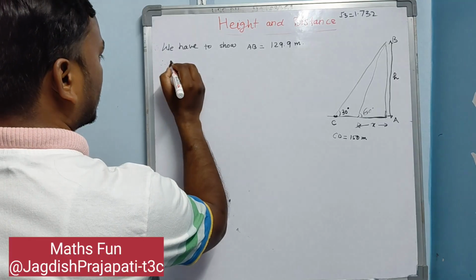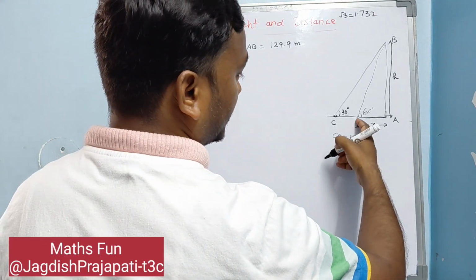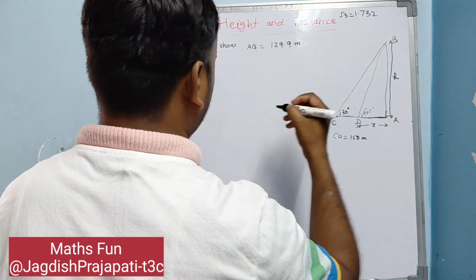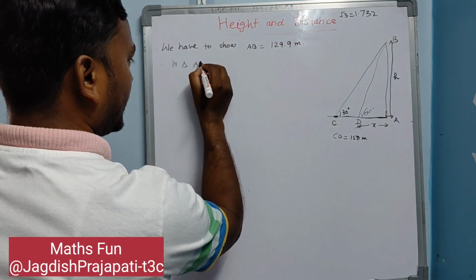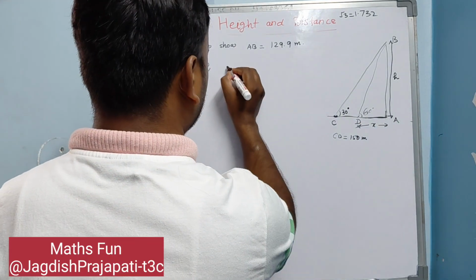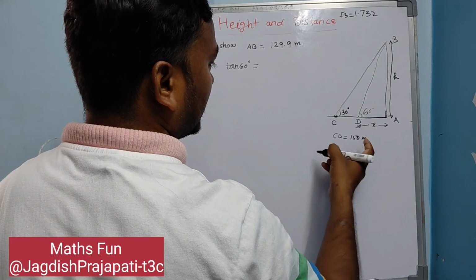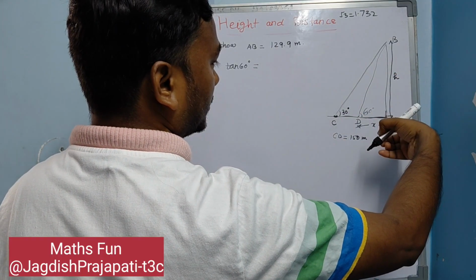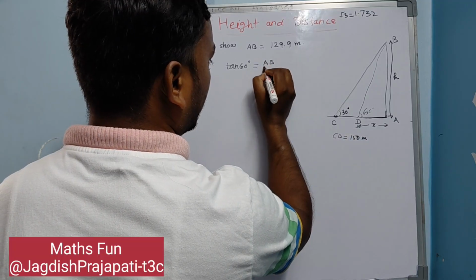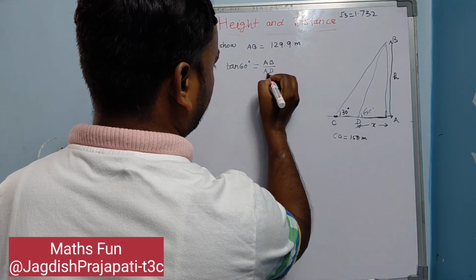Therefore, in triangle ABD, we can write tan 60 equal to AB, the perpendicular, upon AD, the base.